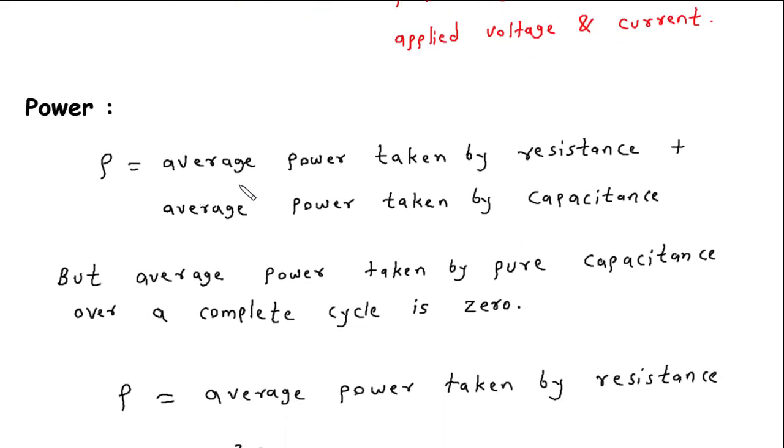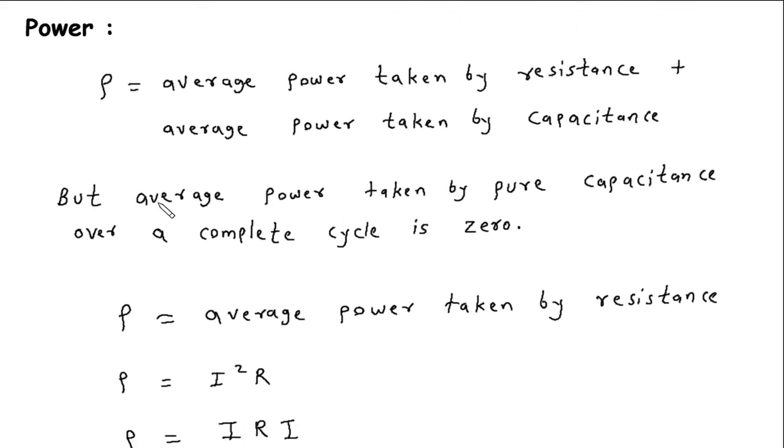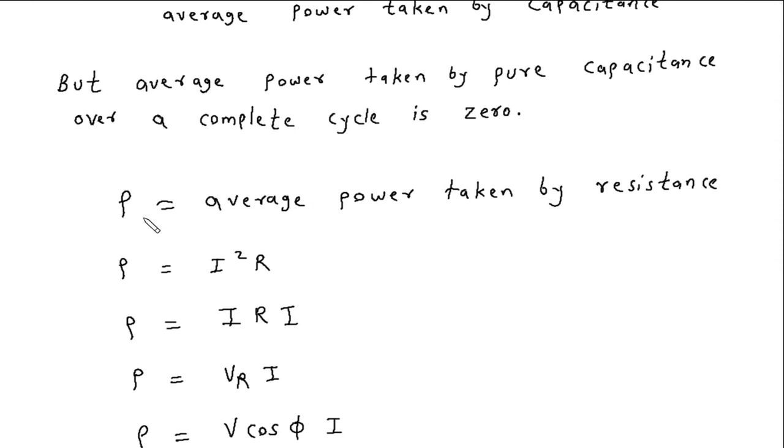Power is equal to average power taken by resistance plus average power taken by capacitance. But average power taken by pure capacitance over a complete cycle is 0. So power is equal to only the average power taken by resistance.